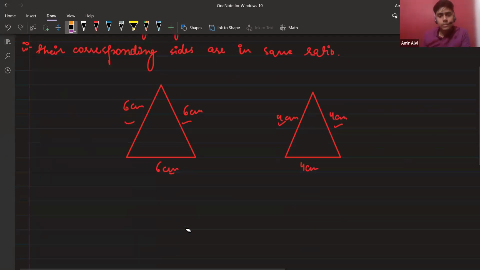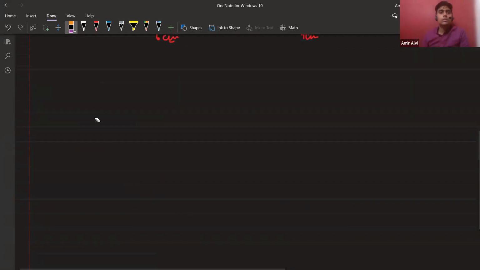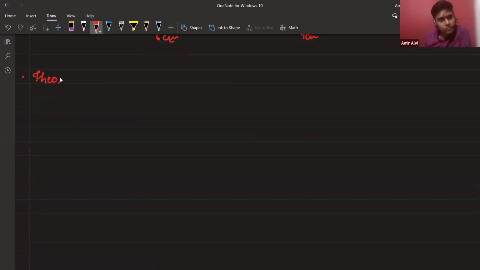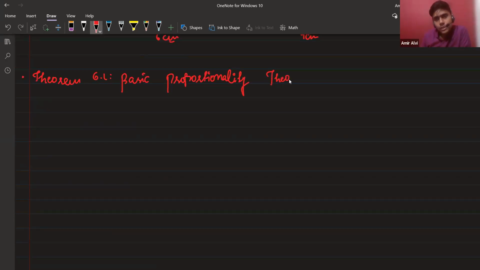So basically, theorem 6.1 is nothing but BPT, the Basic Proportionality Theorem, or Thales theorem. So it's commonly said as BPT. Clear, everybody?